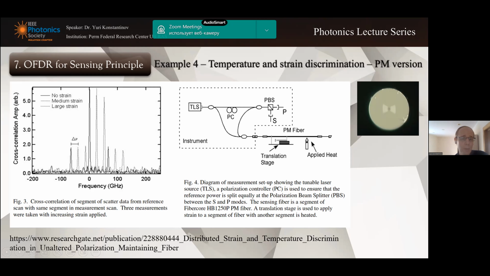So when the temperature and strain change, both polarizations travel with different velocities, and this is how we can build the matrix and write down two equations and find the solution for temperature and strain using these equations.